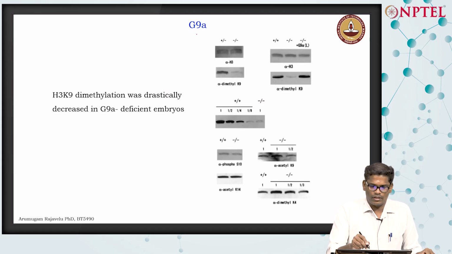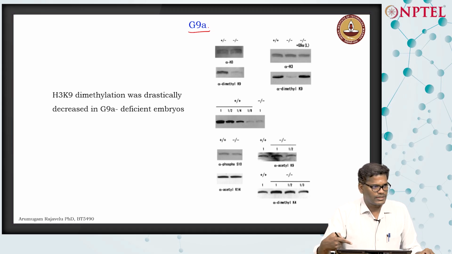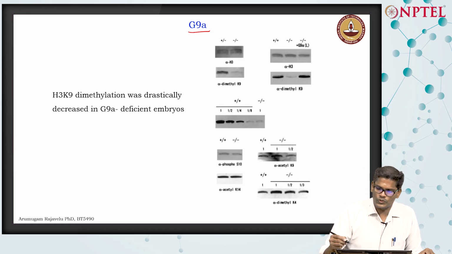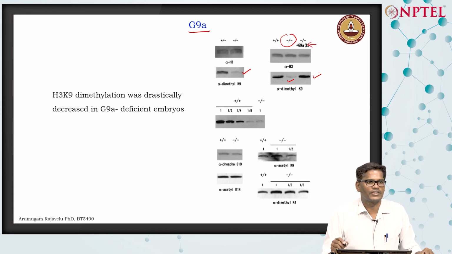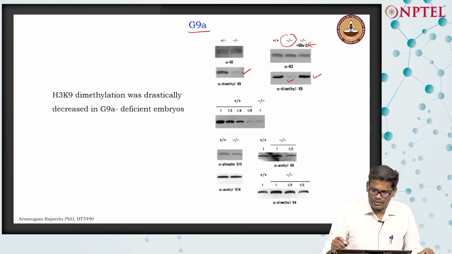Not only by the assay, but at the cellular level also, when they knock out this particular enzyme, they see a reduction in dimethylation here. This is in knockout cells. When they re-express G9A, they see a gain of methylation.